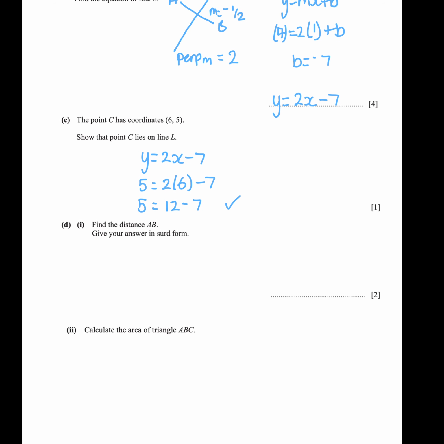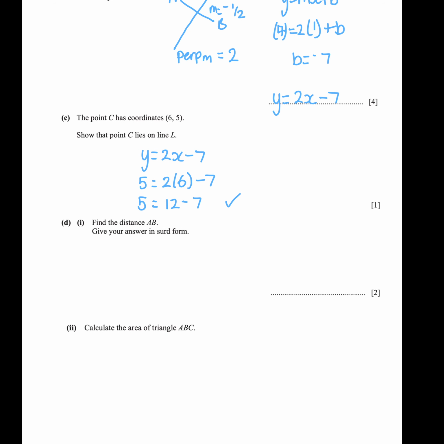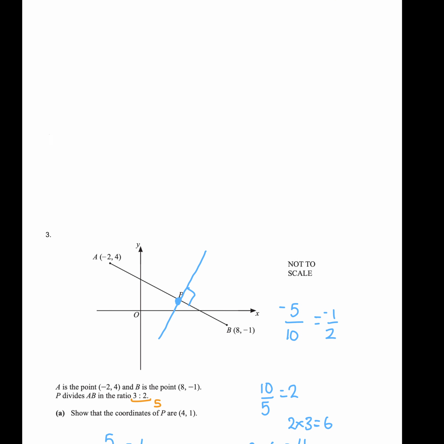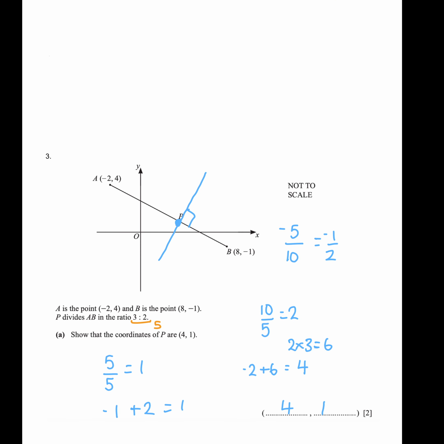And then the last one is to find the distance from A to B. If we go back, A was -2, 4, and B is 8, -1. So the distance between them, we're going to be using Pythagoras to find the length of the hypotenuse. It goes 10 along the bottom and 5 up the side.